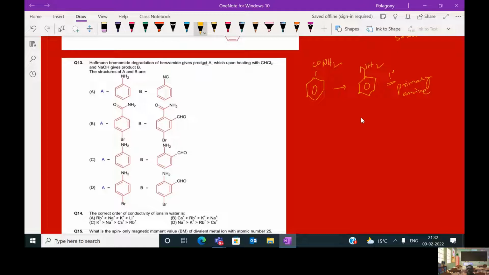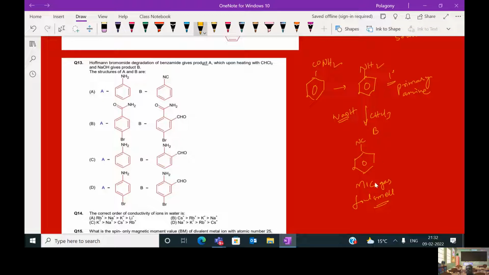Which upon heating with CHCl3, chloroform, in the presence of NaOH, sodium hydroxide, gives the B product. So in the presence of chloroform and sodium hydroxide, the reaction gives phenyl isocyanide, which is obnoxious and has a foul smell, and is dangerous.